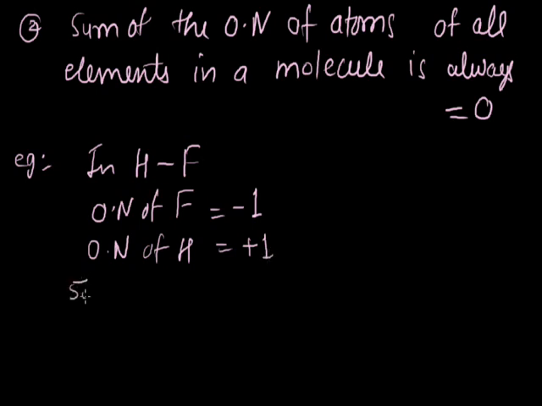So the sum of oxidation numbers is -1, that is the oxidation number of fluorine, plus 1, that is the oxidation number of hydrogen, and it will be equal to 0.